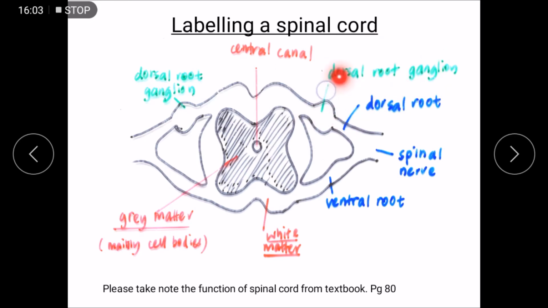And then after the ganglion we have this dorsal. Dorsal means not swollen, but it's on top. Dorsal means back, the one that is back. Ventral means front.